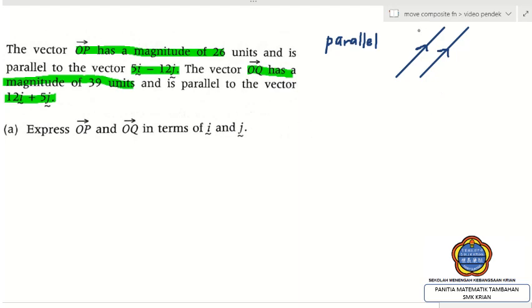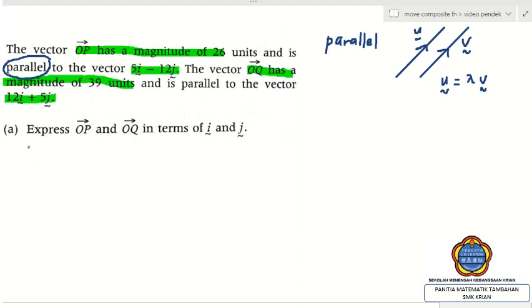For example, this is vector u and this is vector v, and the formula for parallel vectors is u equals lambda v, where lambda is a constant. This method is applied in this question when you see the word parallel.